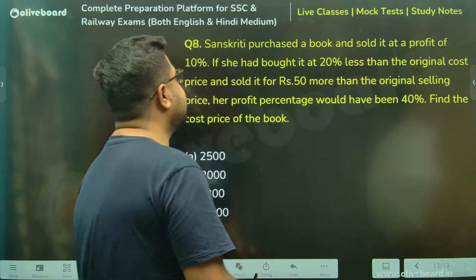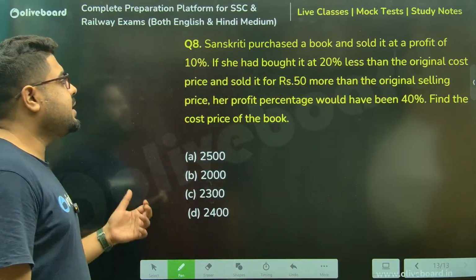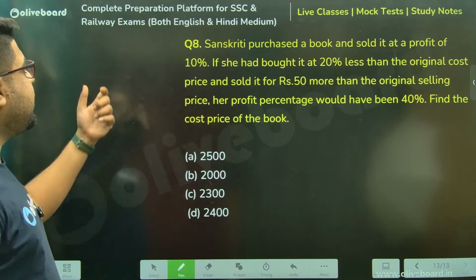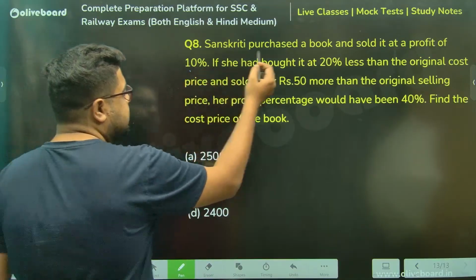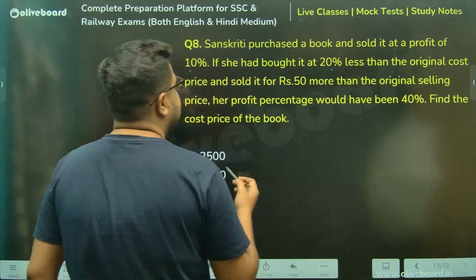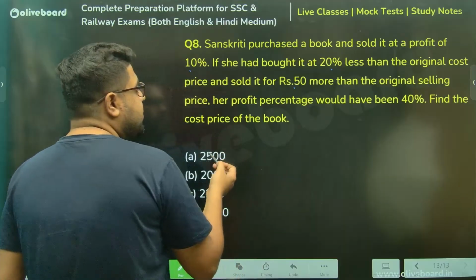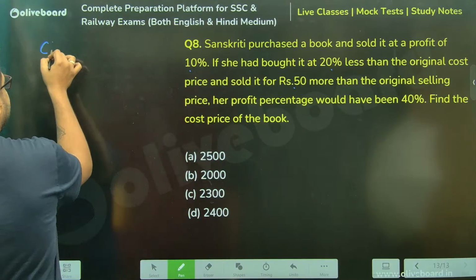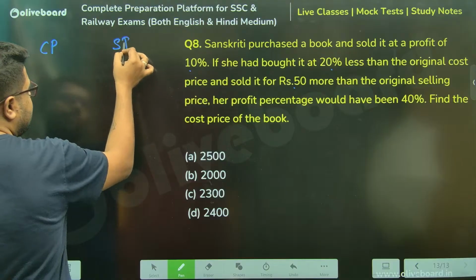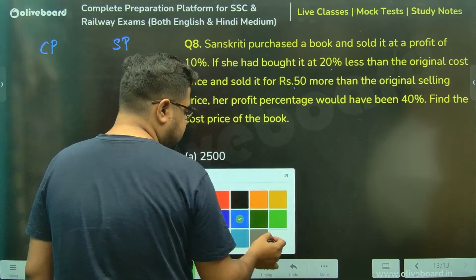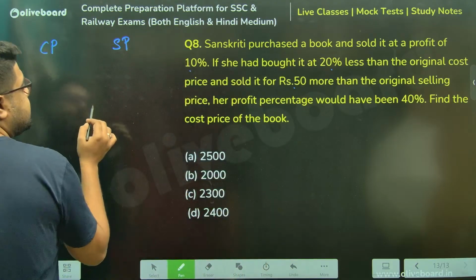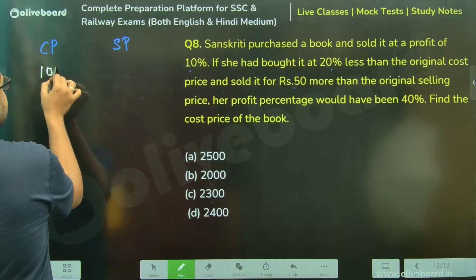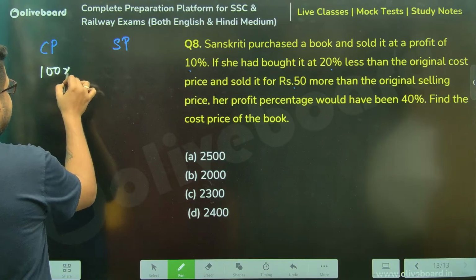What is given? Sanskriti purchased a book and sold it at a profit of 10%. If she had bought it for 20% less and sold it for 50 rupees more, the profit would be this. Sir, again, don't go for any formulas. I know people go for formulas here. Simple concept. Let the cost price be 100x.